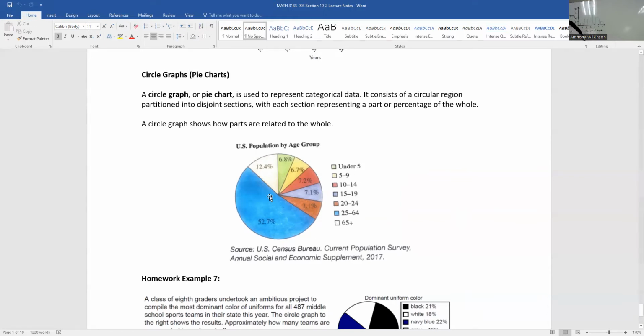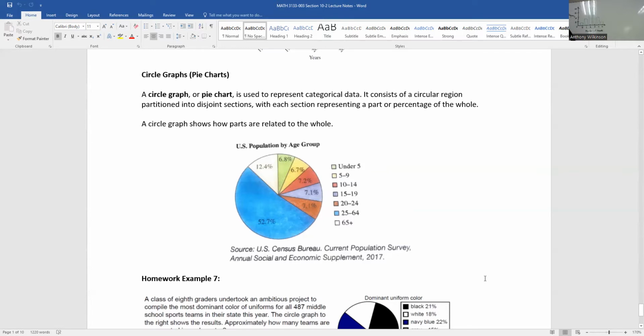You can see this big blue piece of the circle represents 52.7% that are between 25 and 64. So we can say over half the population are between 25 and 64. And in this case, for the white, 12.4% of the population is 65 and over. And under 5, pretty much 6.8%.